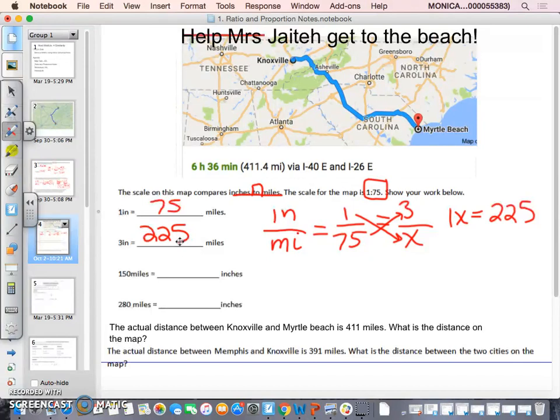Now be careful with the next example. Again, we're going to do inches over miles because that's my ratio. And I know that 1 inch is 75 miles. This time I have 150 miles and I want to know the inches. So once again, I solve by doing cross products. So I get 150 equals 75x. So I'm going to divide both sides by 75.